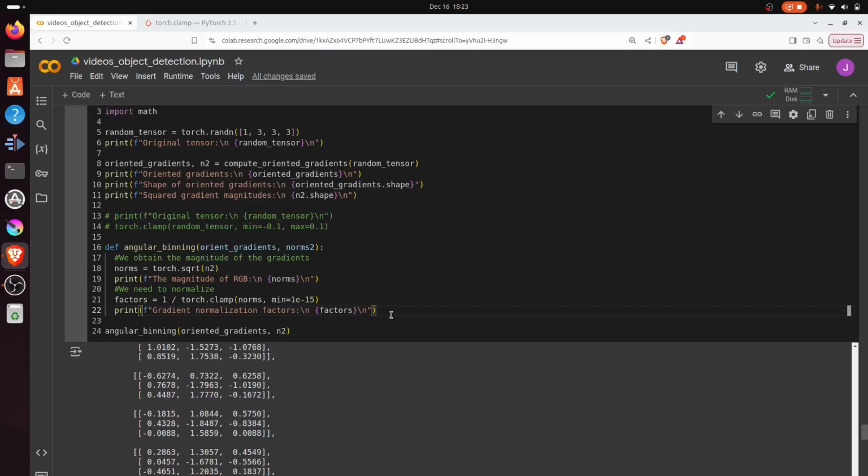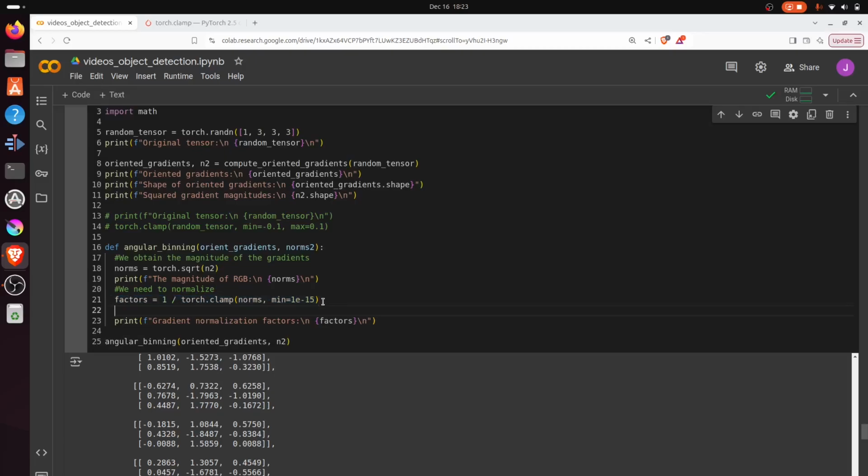First of all, before we get into the extraction of the angles, we need to normalize our oriented gradients. Because here I just defined the normalizing factors, but I didn't apply them. So let's do that next. I'm going to call the normalized oriented gradients cosines.